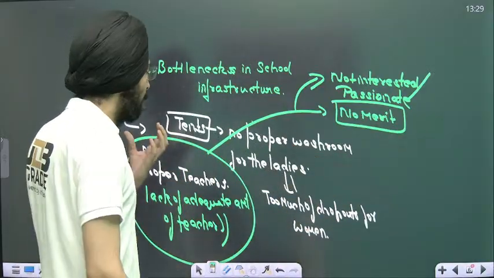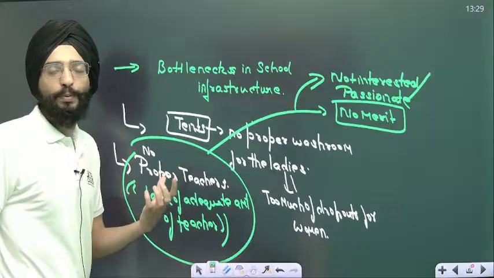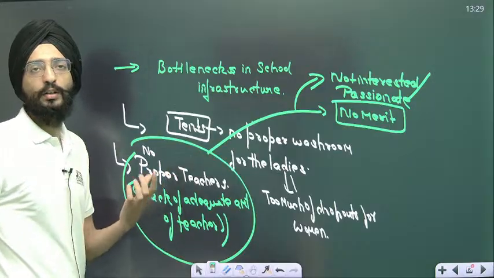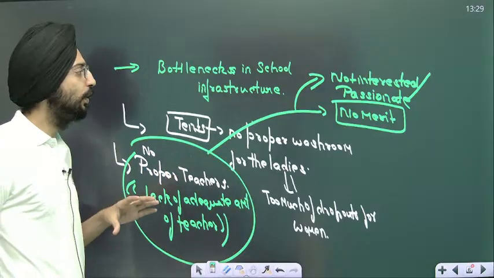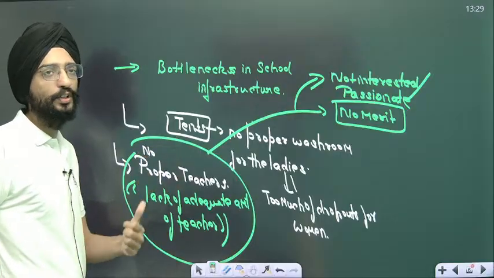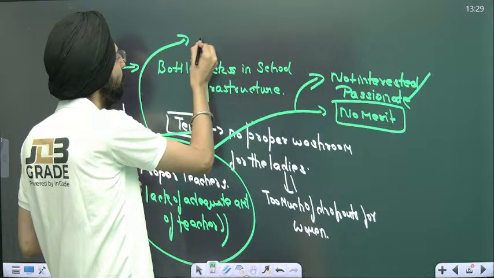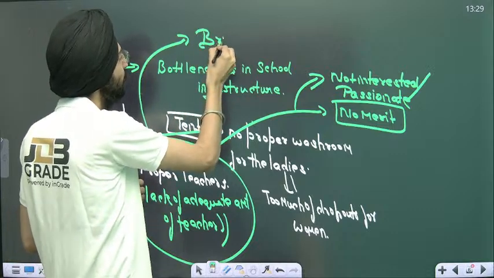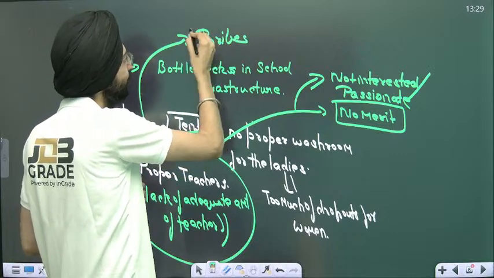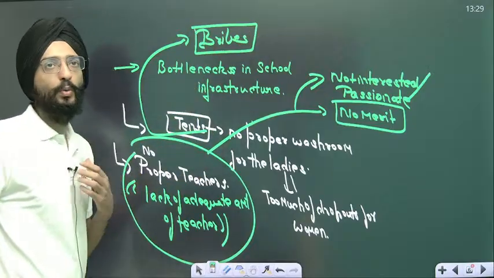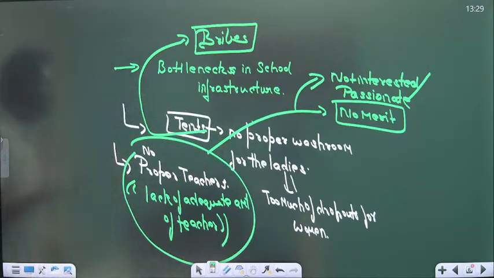People pay a price just to be on the seat, that's a government seat. They are not interested in teaching. They are not interested in education reforms. They are only interested in bribes. I hope you got this point.